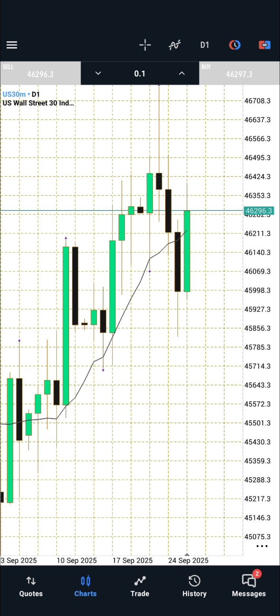So this is what happened on this daily time frame. You can see here we had a rejection here. It was supposed to be bearish, but it turned bullish and closed bullish. So this is why this is going to be bullish.